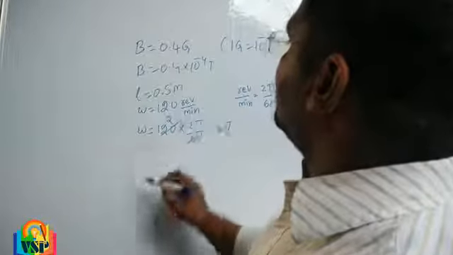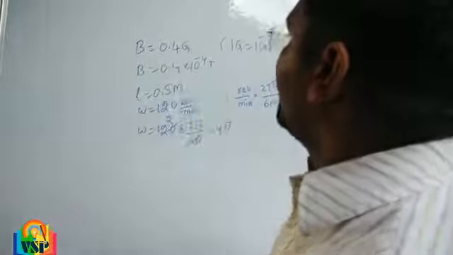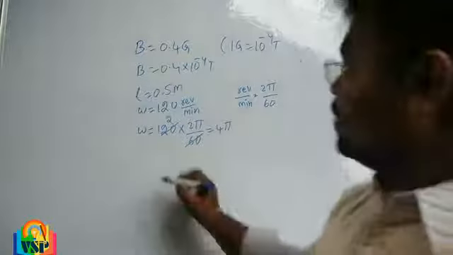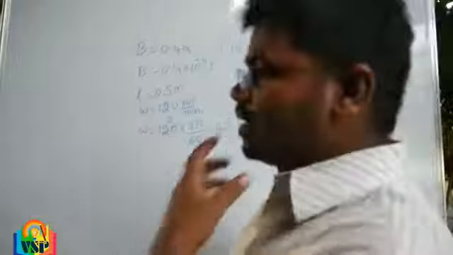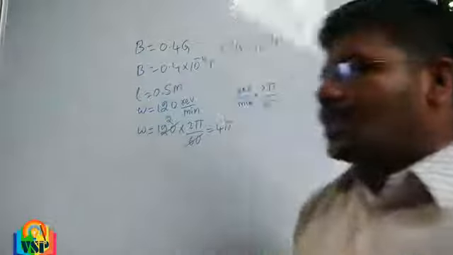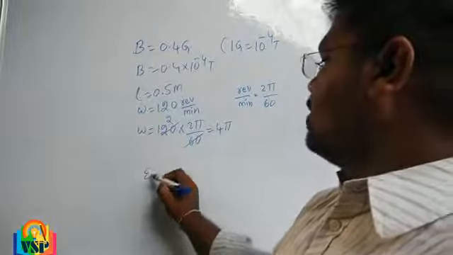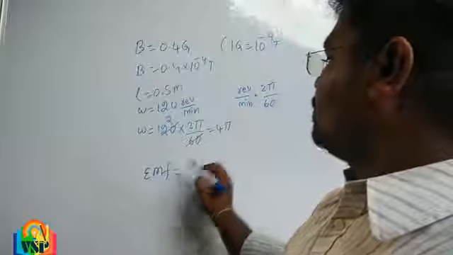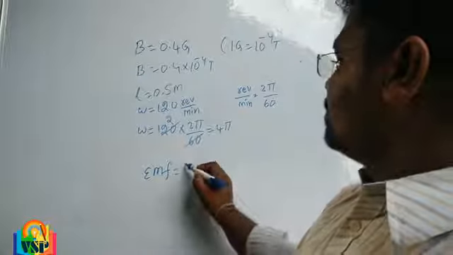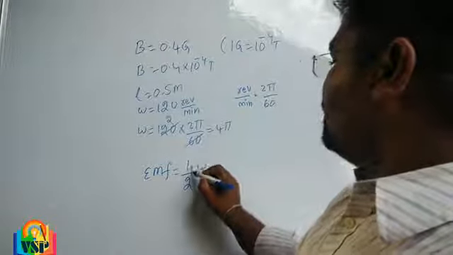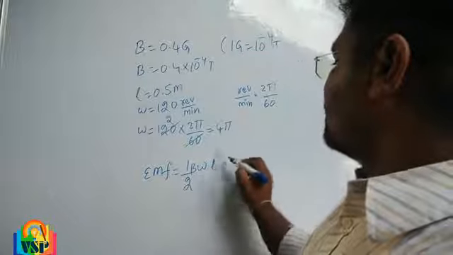Length is equal to 0.5. B is equal to 0.4 into 10 power minus 4 Tesla. What is the formula to find the induced EMF? EMF is equal to 1 by 2 B omega L square.